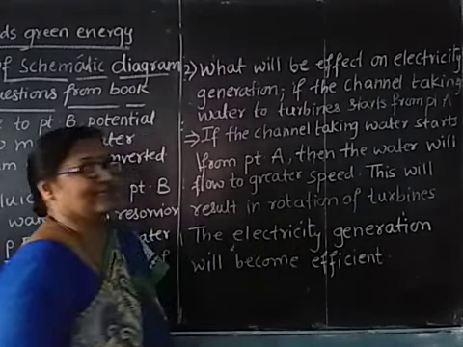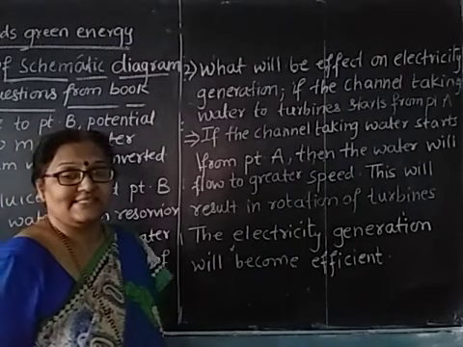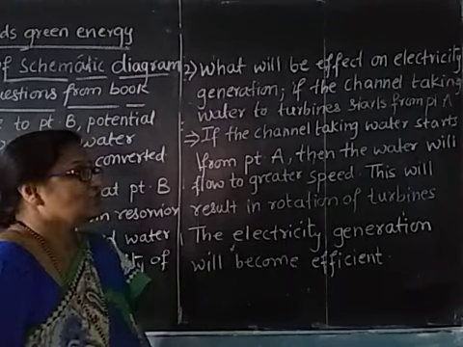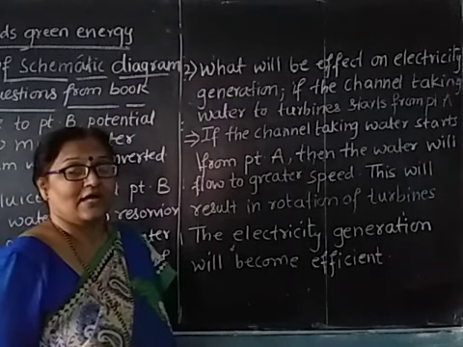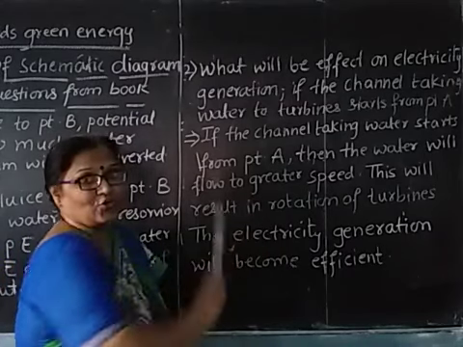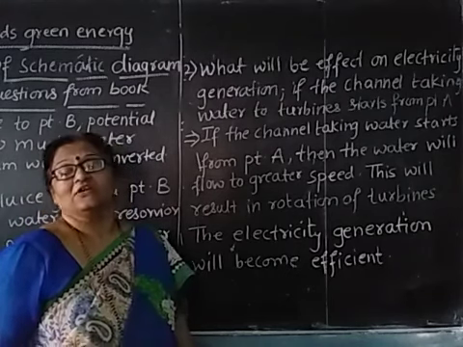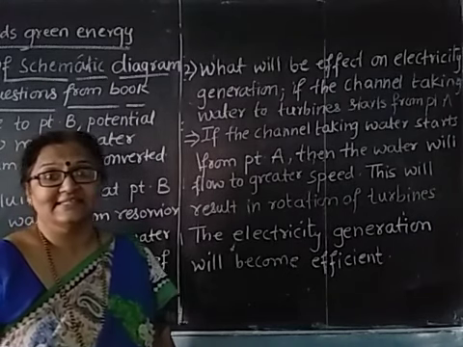This will result in the rotation of the turbines. As we know, a turbine needs the flow of a liquid. As the water comes and falls onto the turbine, it will rotate the turbines. The electricity generation will be efficient at this point.